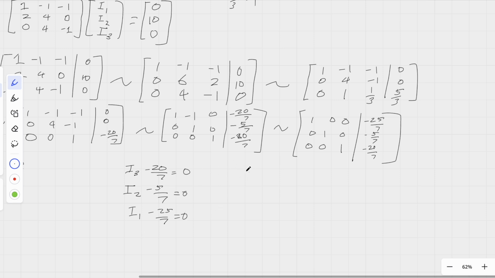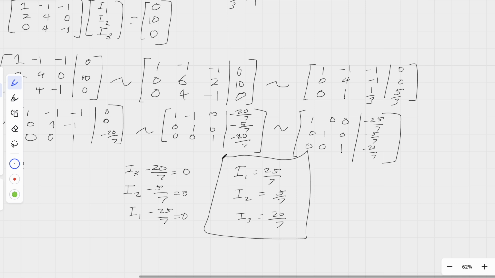So what we take away from this, I1 equals 25 over 7. I2 equals 5 over 7. And I3 equals 20 over 7. And we found the exact value for the three currents. This is a practical application of linear algebra.